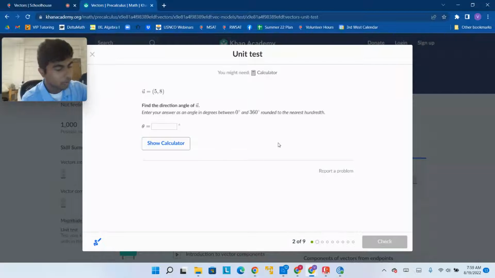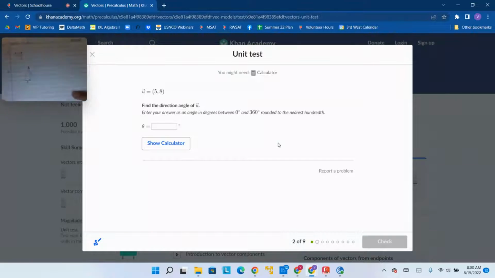And we're going to draw both of the components of said vector, which is going to be magnitude 8 in the y direction and magnitude 5 in the x direction. Okay, so this is what our vector is going to look like. All right, so that is vector u right there.